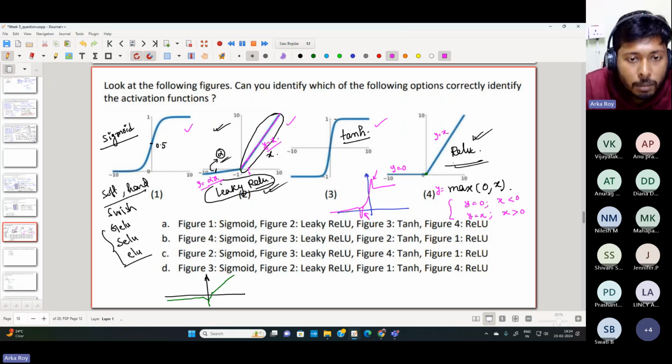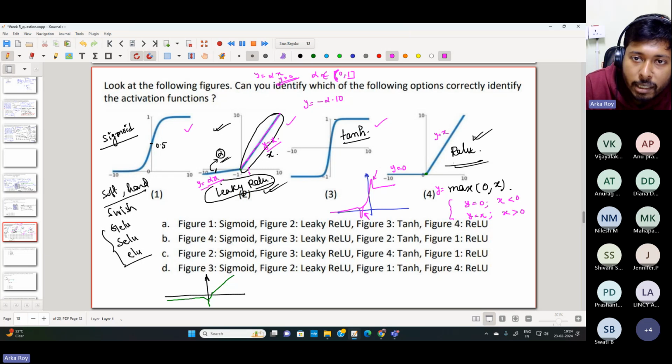So if you put, for example, x as minus 10, you will get alpha multiplied with 10. Say alpha is 0.3; generally alpha ranges from 0 to 1. If alpha equals 0, then it converts to normal ReLU, because y is alpha into x, and with alpha equal to 0, y will always be 0.